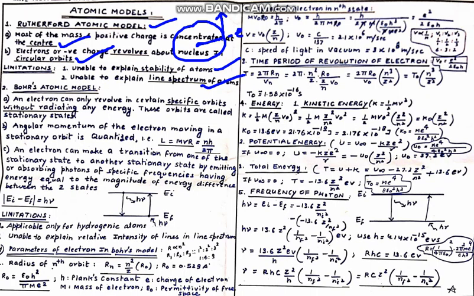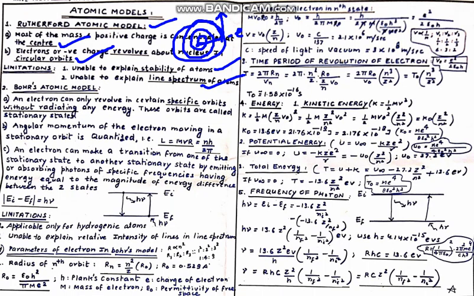The electron is a charge, so it will emit electromagnetic waves and it will lose energy, because of which its speed will decrease, and if speed decreases then it will form a spiral path and will ultimately fall into the center. So the atom should collapse.